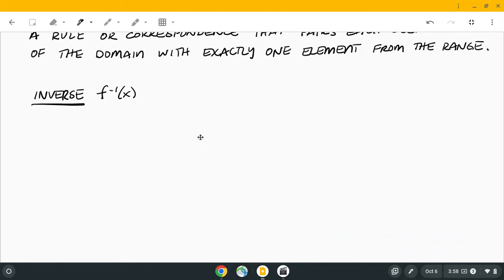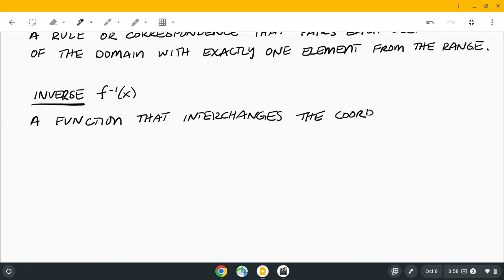Here the inverse is a function that interchanges the coordinates in each ordered pair of another function.